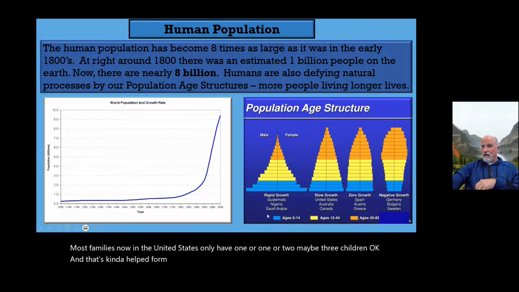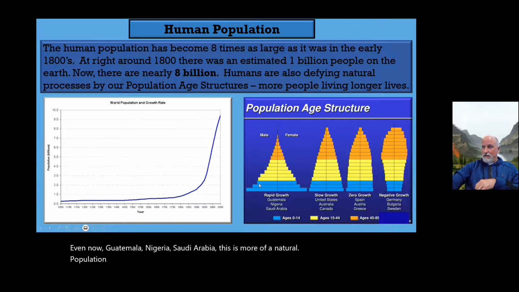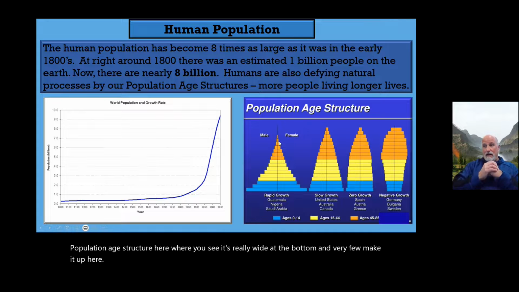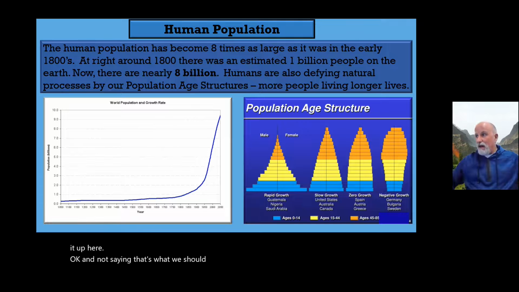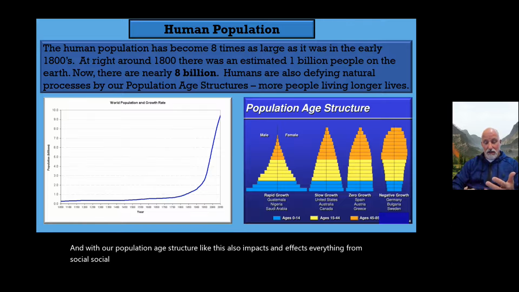But now Guatemala, Nigeria, Saudi Arabia, this is more of a natural population age structure here, where you see it's really wide at the bottom and very few make it up here. Not saying that's what we should be, but our population age structure like this also impacts and affects everything from social security, I can't even talk social security in this country, to insurance and insurance rates, because we've got more people living longer.